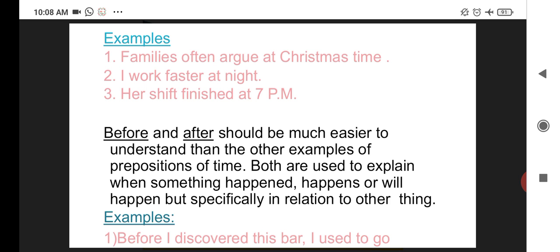So before and after should be much easier to understand than the other examples of preposition of time, because these are time-indicating words. Before means earlier and after means later. Both are used to explain when something happens or will happen, but specifically in relation to other things.